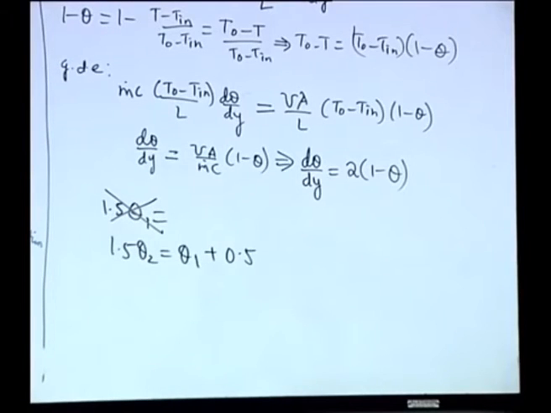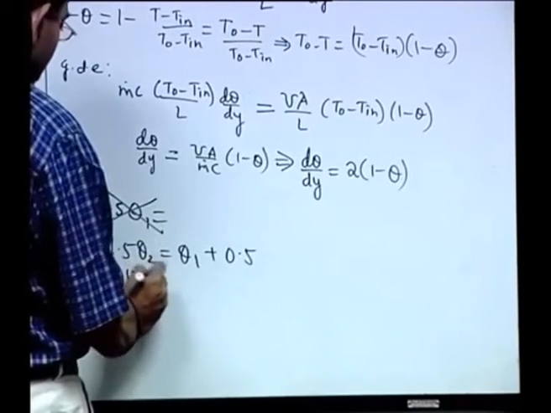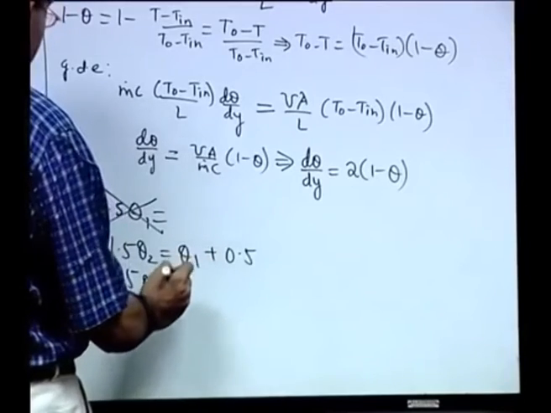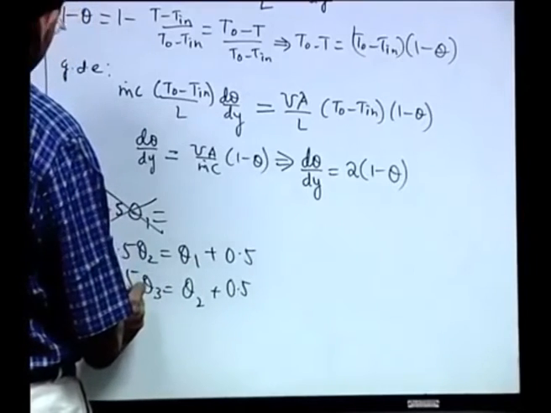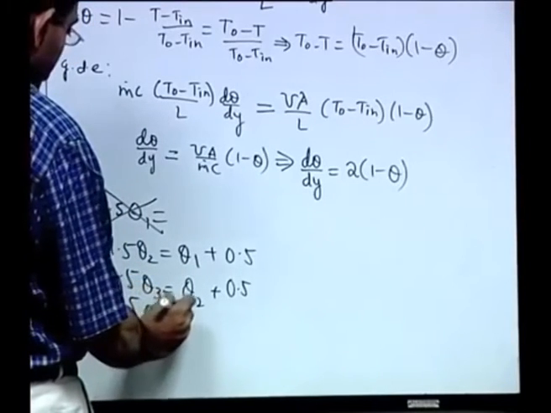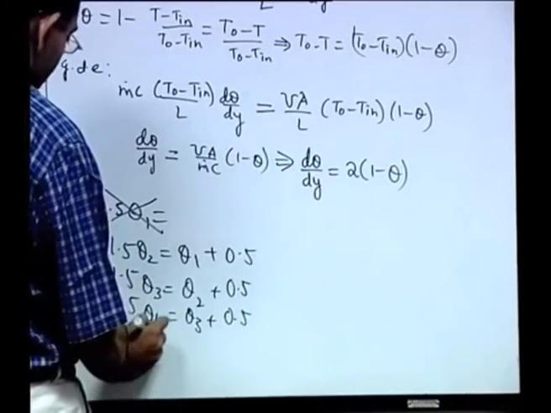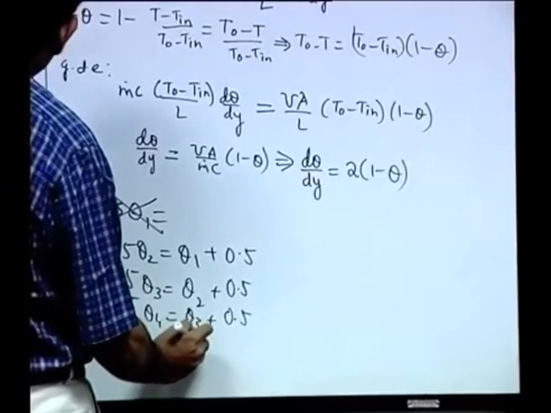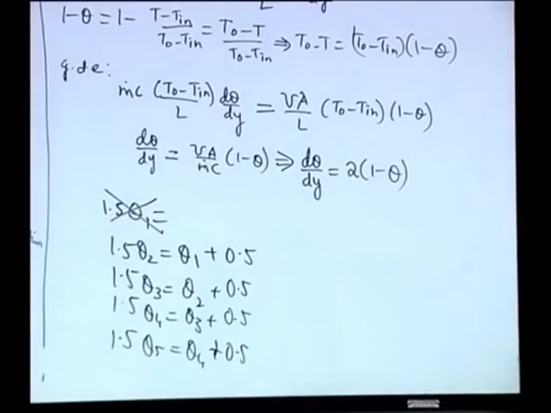Then 1.5 theta 3 is equal to theta 2 plus 0.5, 1.5 theta 4 is equal to theta 3 plus 0.5, 1.5 theta 5 is equal to theta 4 plus 0.5. Out of these, theta 1 is known. What is theta 1?